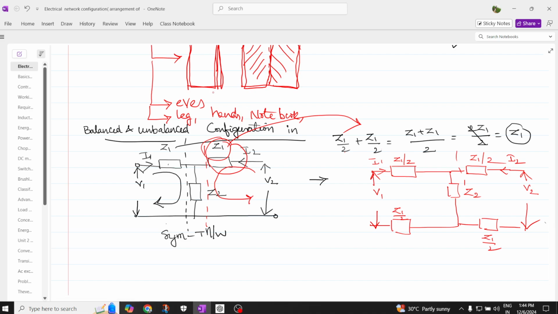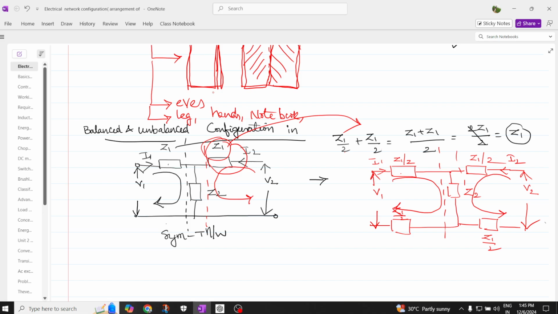Now when you see this half, you can see the weight at the upper side and the weight at the bottom, and therefore this is like a balanced network. You can see the weight is there at this series arm and the weight is also there at the bottom arm. I can say that this network is called a balanced one.